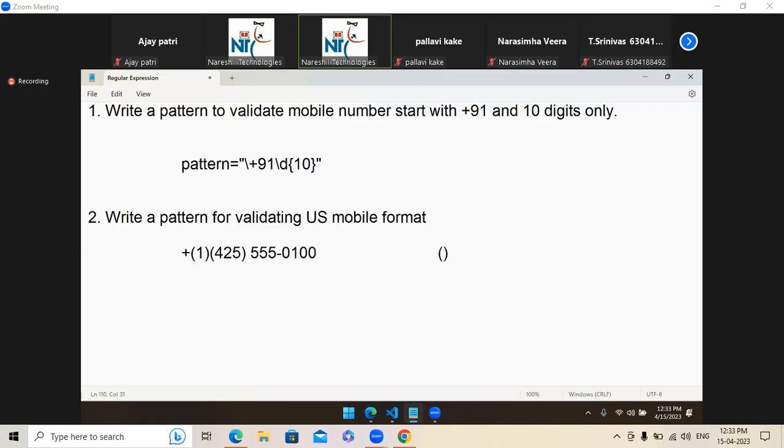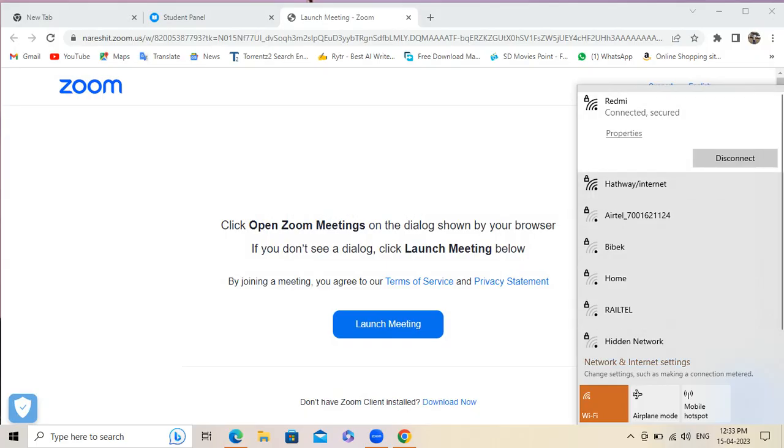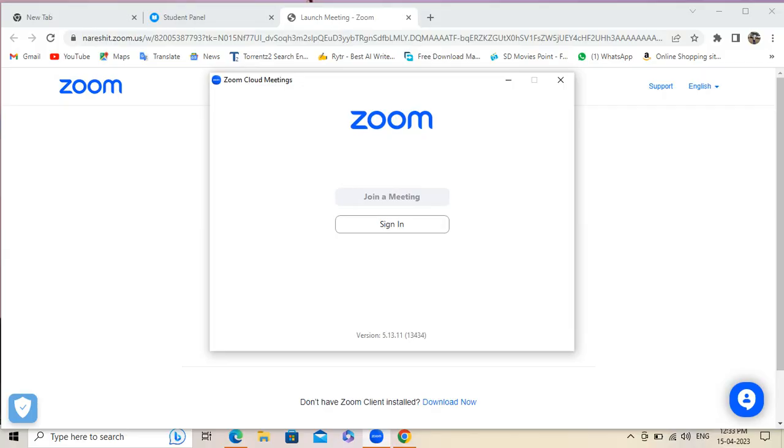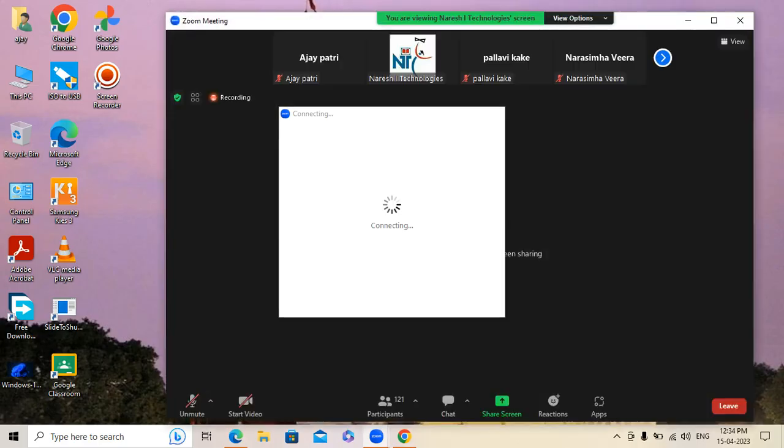If you write parenthesis directly, it will not work. Directly parenthesis will not work.